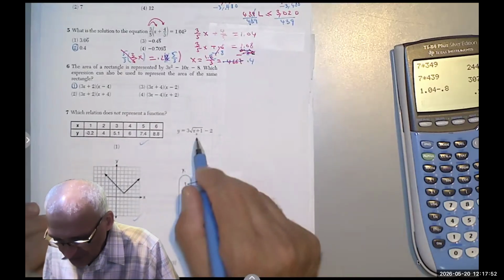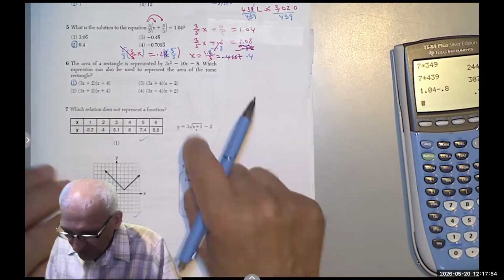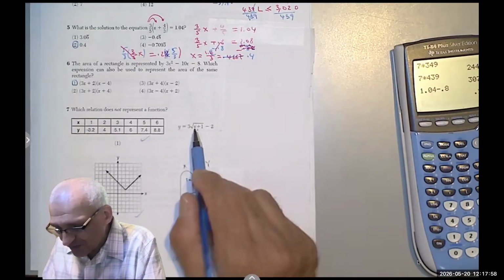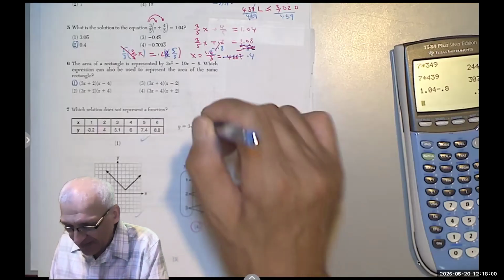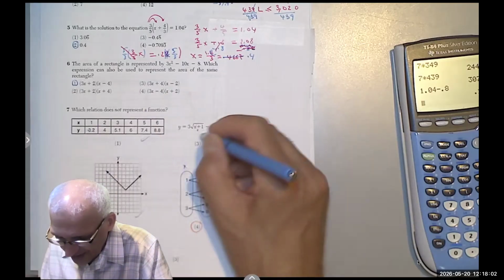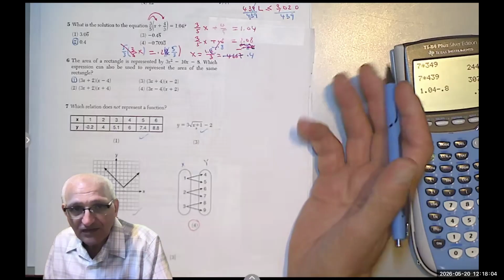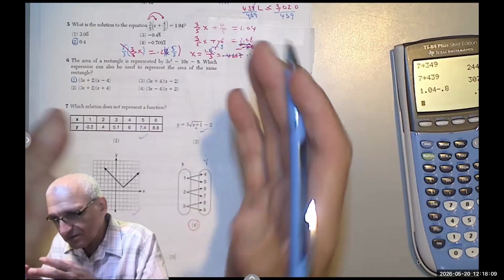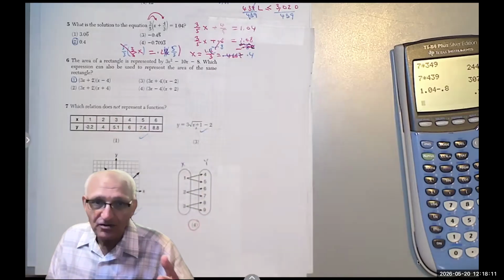Y is the square root of x plus 1. So x, of course, has to be greater than negative 1, but for every single value of x, there is a unique value of y. You cannot find two values of x that give you the same y. I'm sorry, no value of x will give you two values of y.